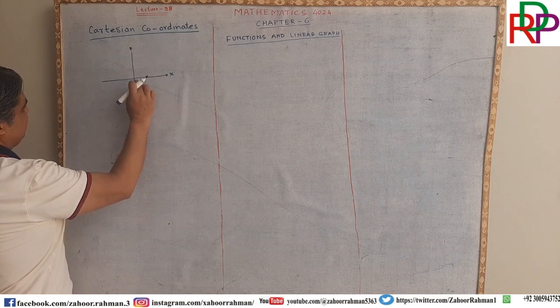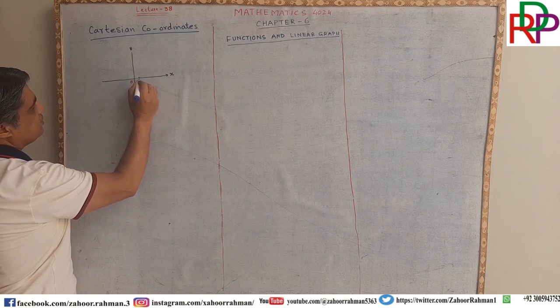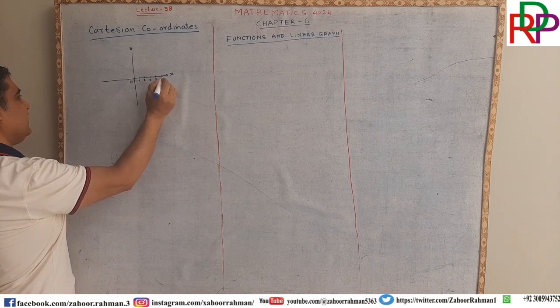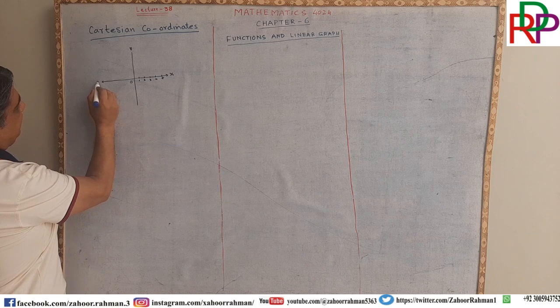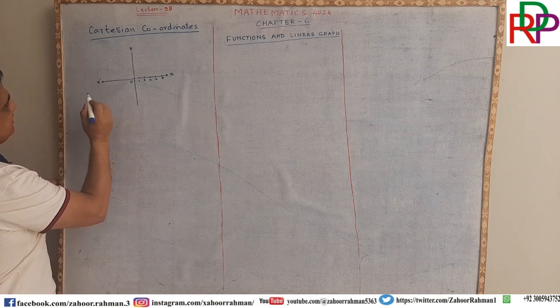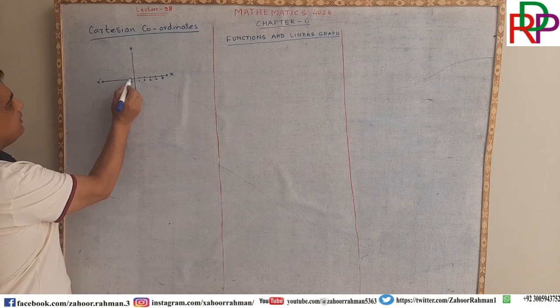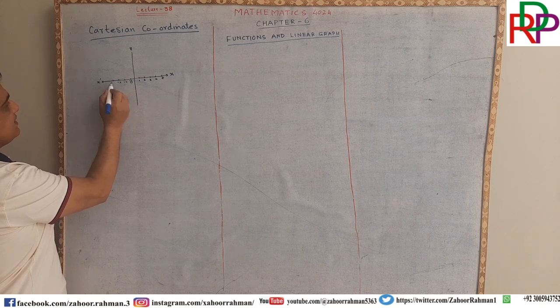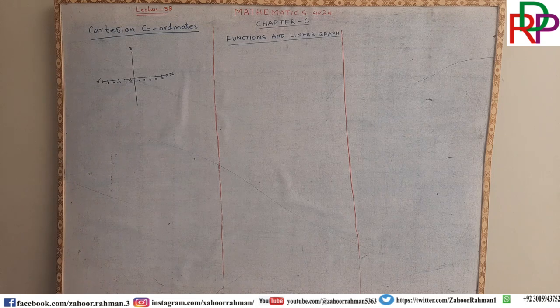From the right side of the origin, there are positive values 1, 2, 3, 4, 5, like this. But on this side, we are having negative x-axis, and those are represented by x dash. So here we are having -1, -2, -3, -4, -5 and so on.